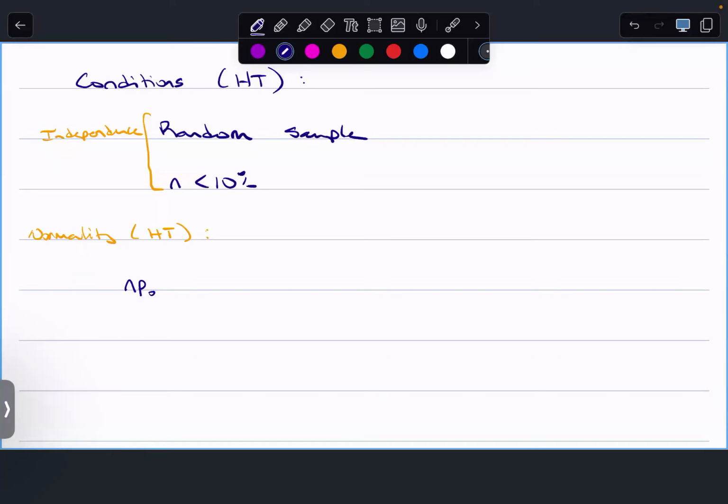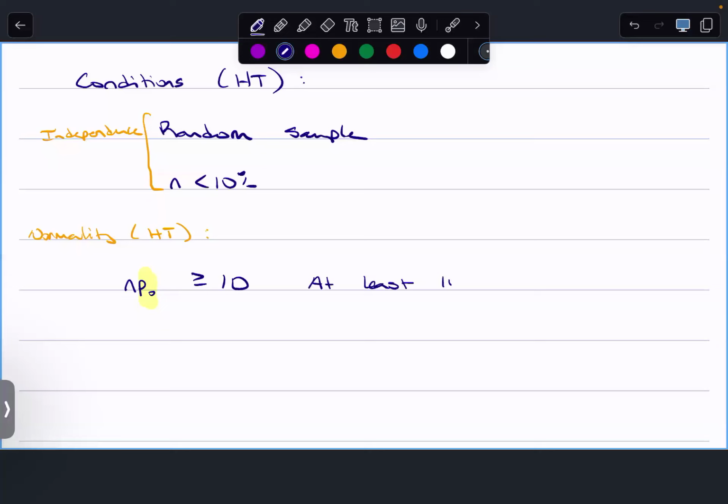That's different, right? This is the number of successes I would expect to see if the null hypothesis is true. Too many words. But for now, we just need n times p naught. So notice the difference here, it has to be greater than or equal to 10.